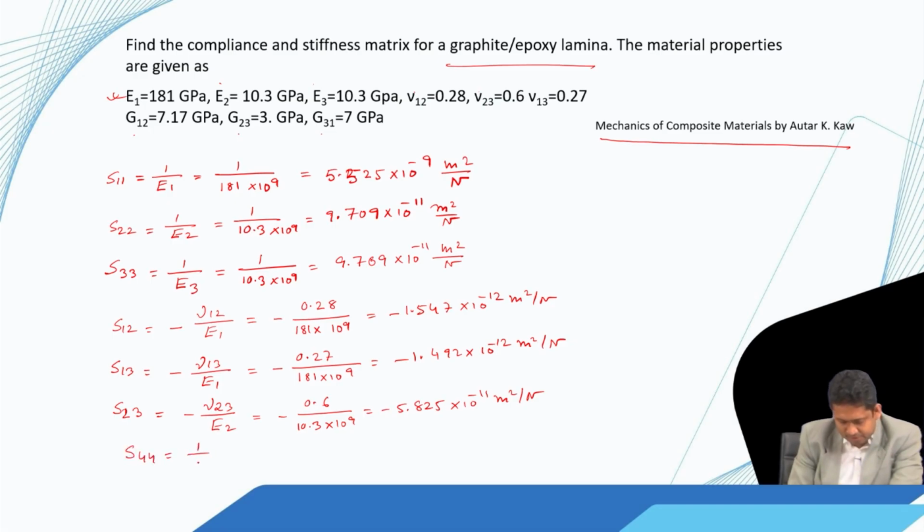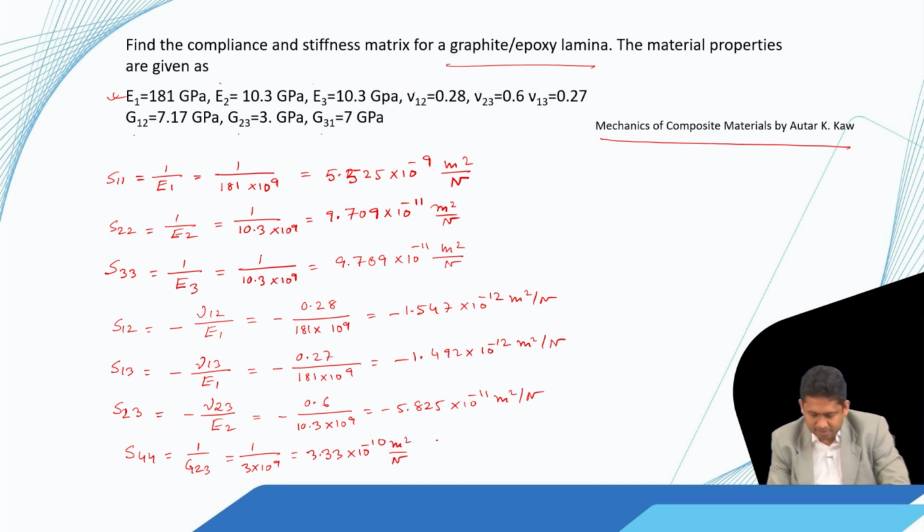And then we have S44, that is 1 by G23, that is 1 by 3 into 10 to the power 9. So, we have 3.33 into 10 to the power minus 10 meter square per Newton. Then we have S55 equal to 1 by G31, that is 1 by 7 into 10 to the power 9, and that is 1.429 into 10 to the power minus 10 meter square by Newton.